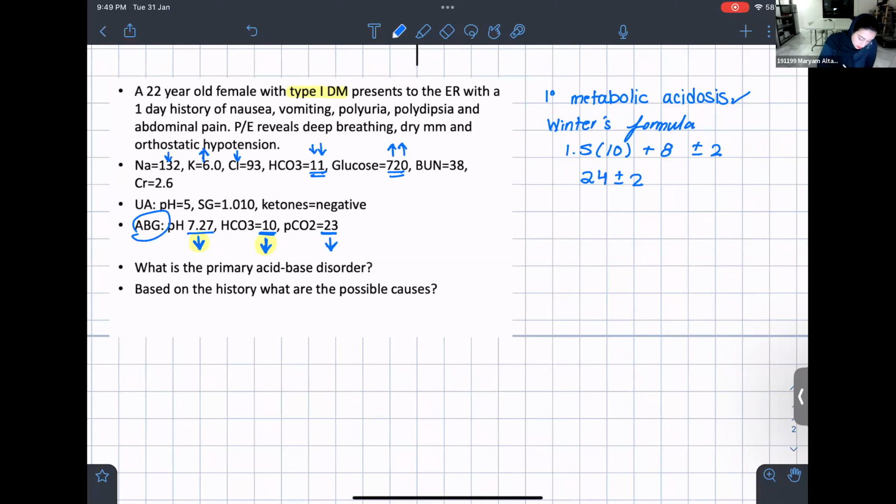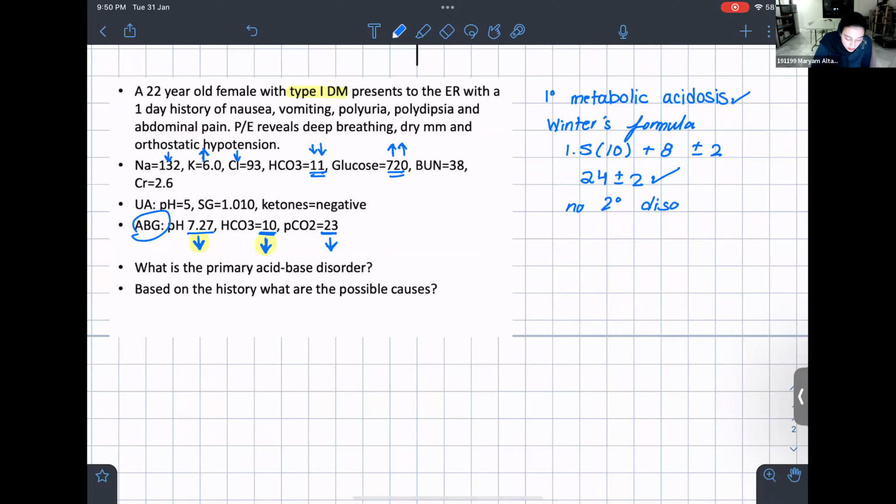So is our PCO2 within that range of 23 plus or minus 2? Okay, great. So is the compensation appropriate? The answer is also yes. Perfect, you guys. So we answered that compensation is appropriate, so there's no secondary disorder.